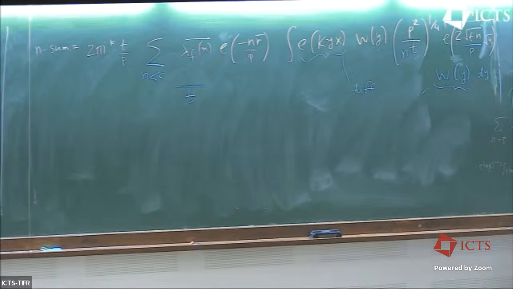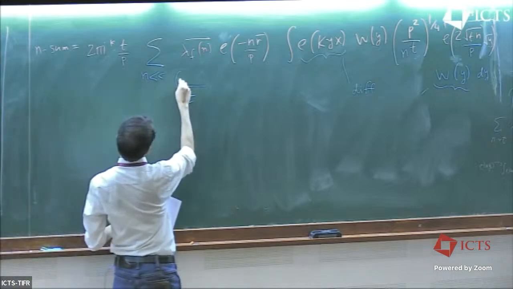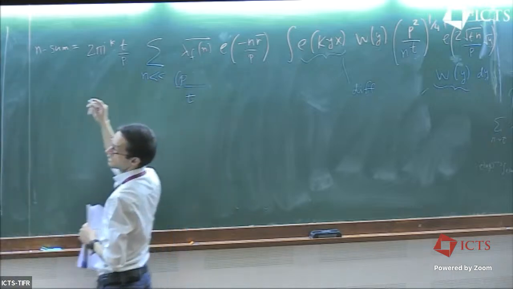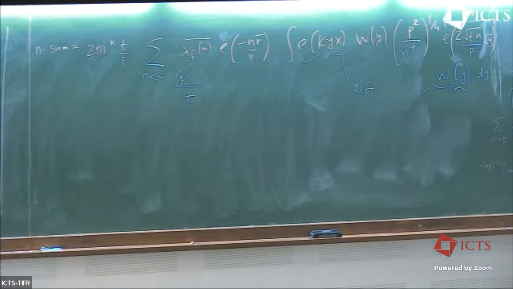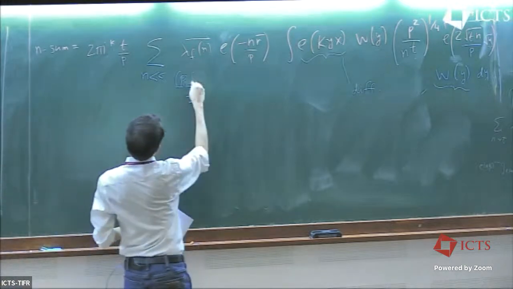So the conductor is going to be P times T whole squared. Let me just write that the dual length here is, sorry, not T, P times K, because over here, N is of size T, sorry. So this thing is of size K, which is KT over T. So P times K, thank you, whole squared.